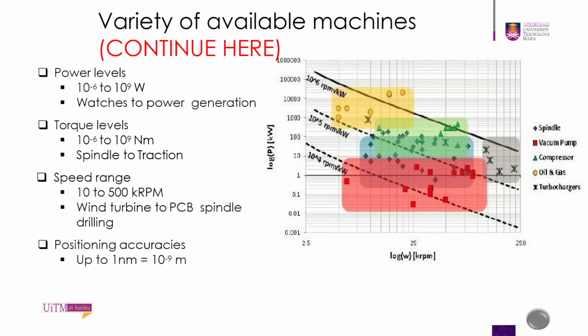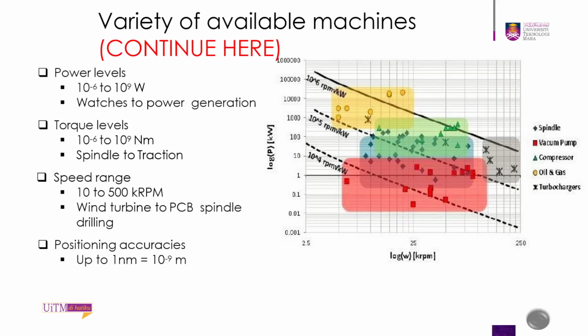If you think about a huge wind turbine, the blade rotates at a very slow rotational speed, in the range of 10 revolutions per minute.